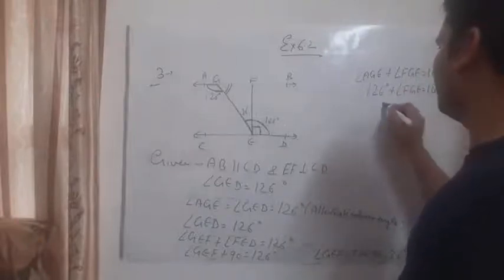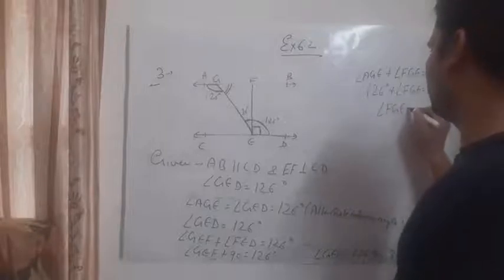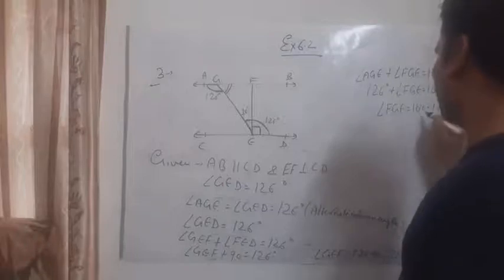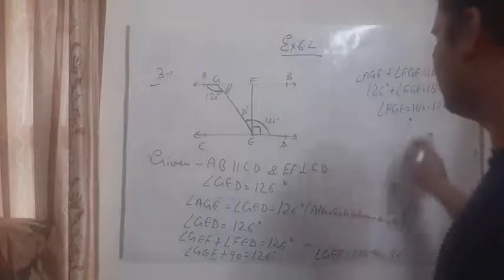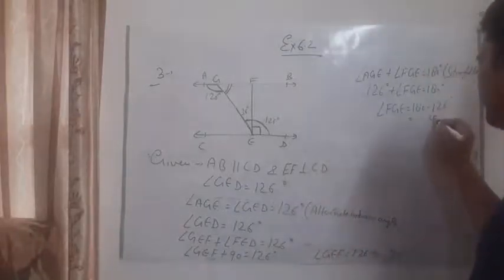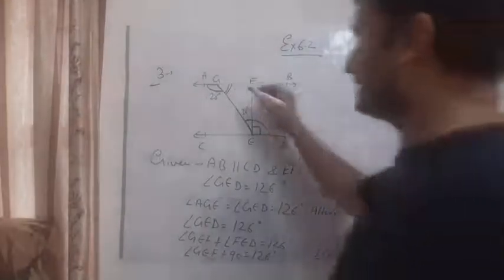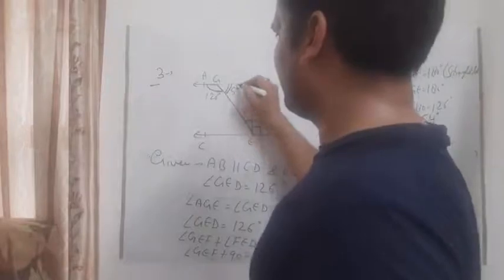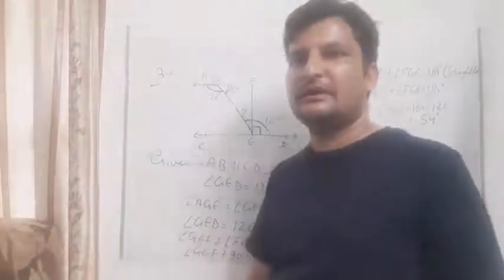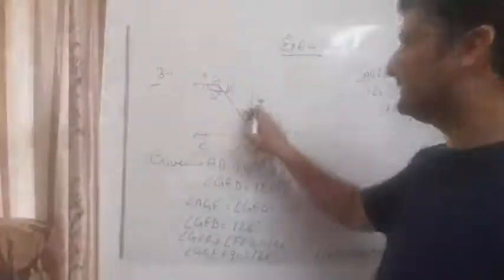So students, angle FGE is equal to 180 minus 126. So this angle is 54 degrees, because the sum of these two angles is always 180 degrees. So this is angle FGE.